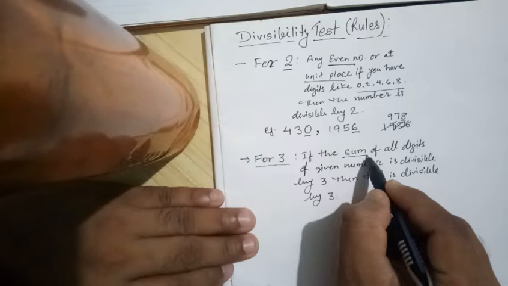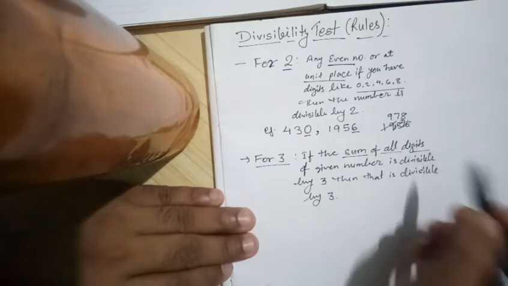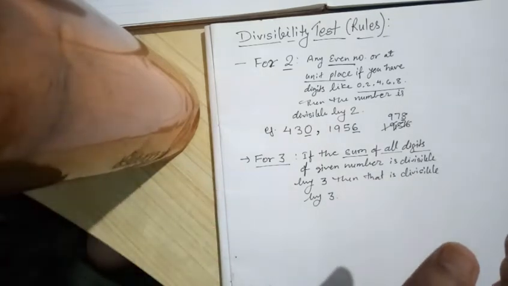So here is the mantra. The keyword for 3 is sum of all digits.